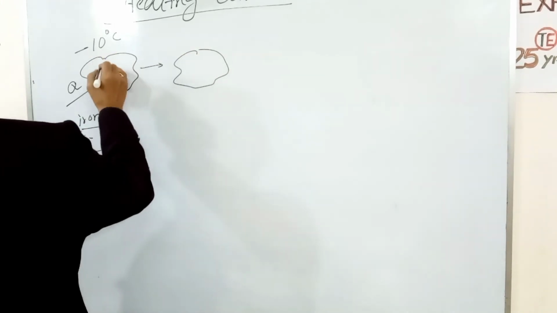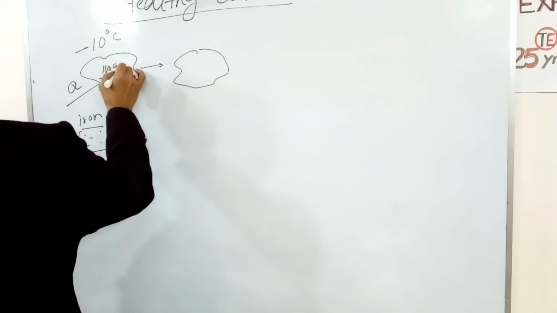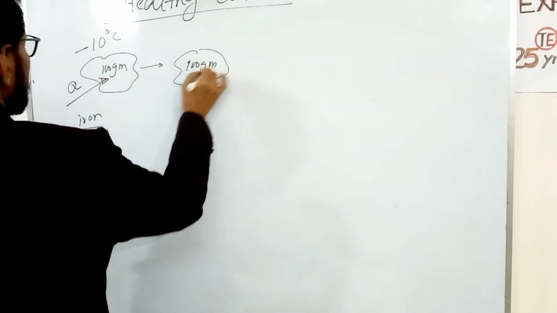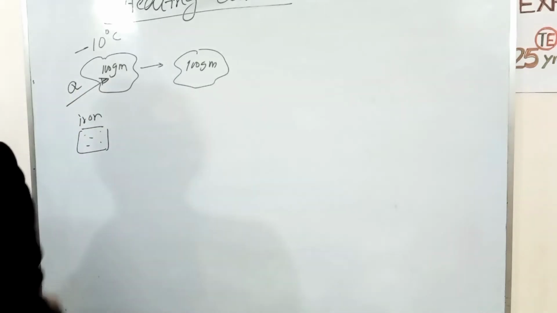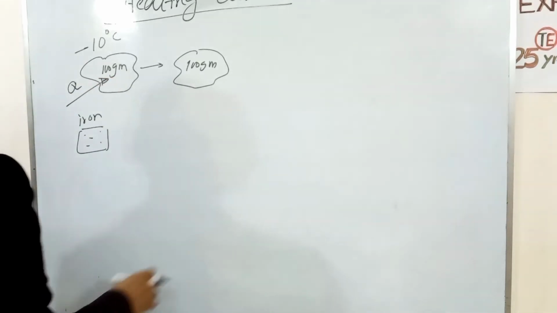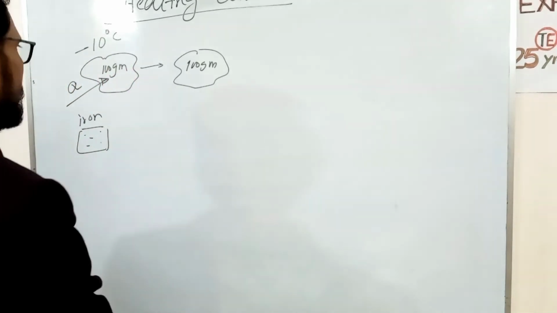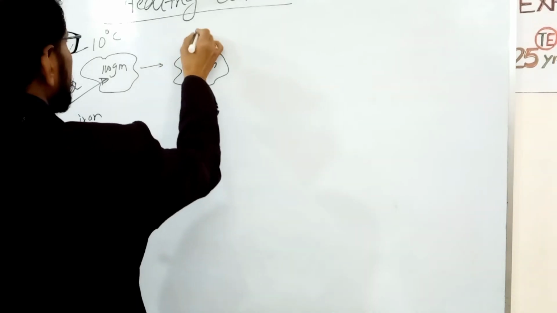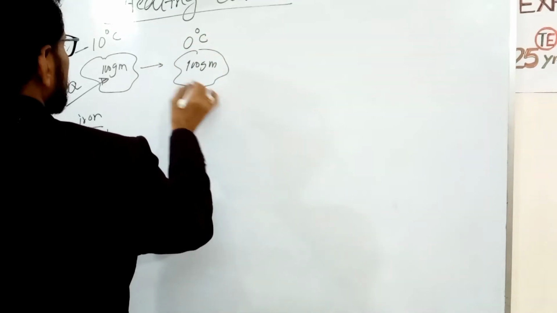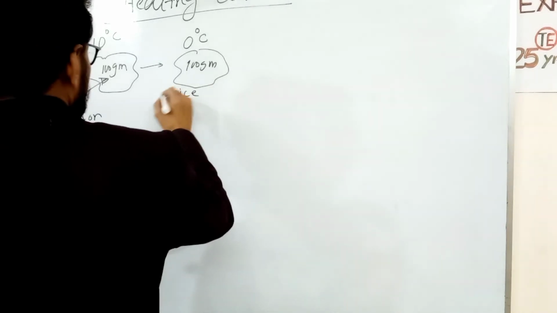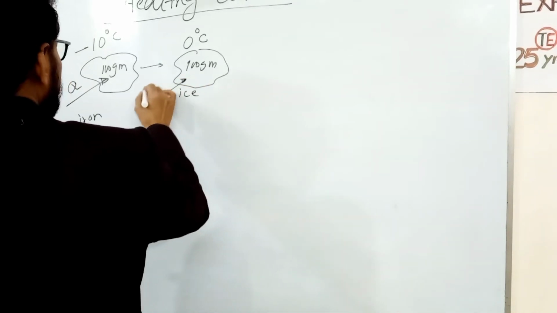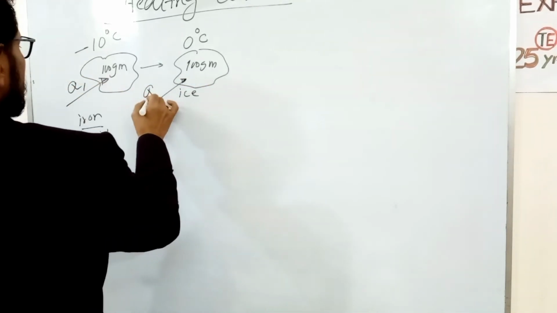Suppose the mass is the same, say 100 gram. Now when heat is supplied to the ice, the temperature rises to 0 degree centigrade. Suppose this heat is Q1, and this is Q2.